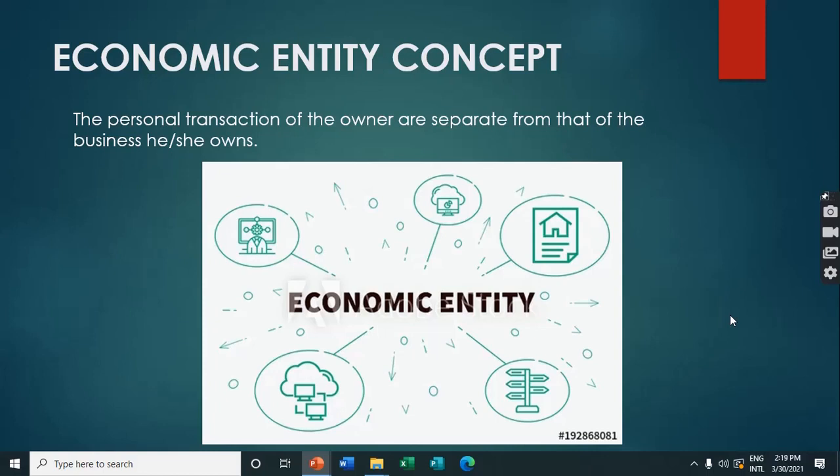So, in the economic entity concept, we need to put a border between what is happening in the personal life of the owner and the transactions of the business. So, magkaiba yan. Yan yung sinasabi ng economic entity concept. So, I hope na nakuha ninyo.